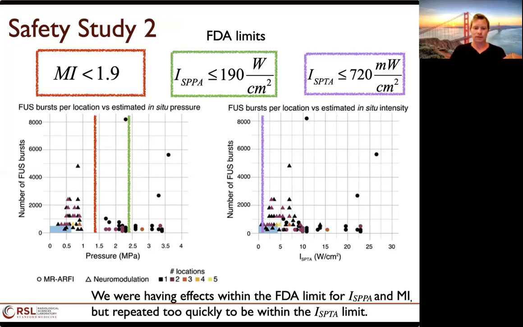It just turns out that it's hard to stay within that limit because you have to have a lot of dead time between the sonications, and we didn't wait that long between the sonications. But in terms of safety, it's good to go way beyond in order to say that there wasn't anything at the very large sonication duration.